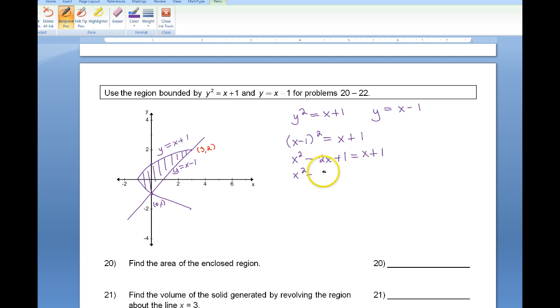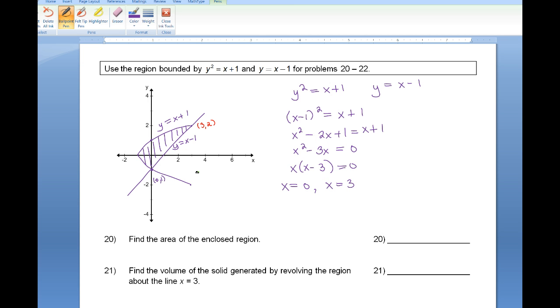So I have x squared minus 3x equal to 0. I factor out, I get x times (x minus 3). So x equals 0 and x equals 3. By plugging back in, we can see (0, -1) and (3, 2) are the two points where the two graphs intersect.